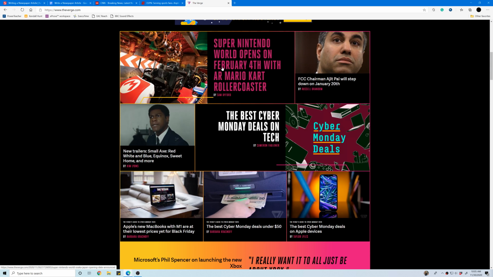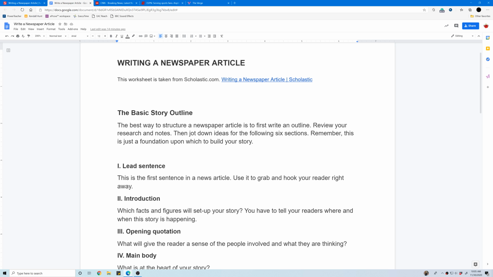All these sites are basically going to use the same sort of structure and format. And that is, you're going to tell a story that gives a bunch of information, but based on the history of how newspapers used to work, they always front-loaded all the important stuff at the very beginning.